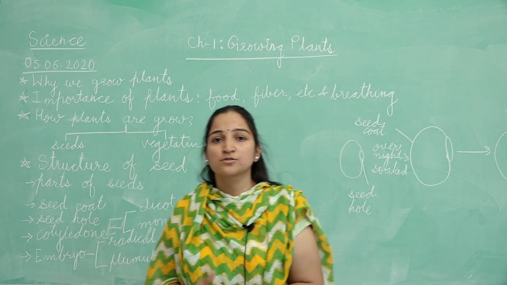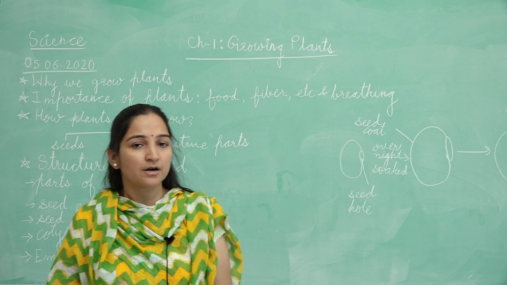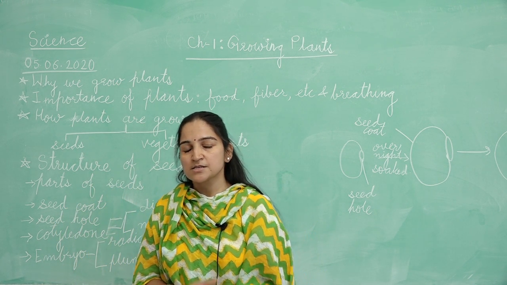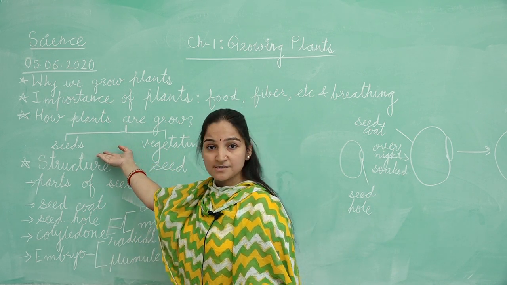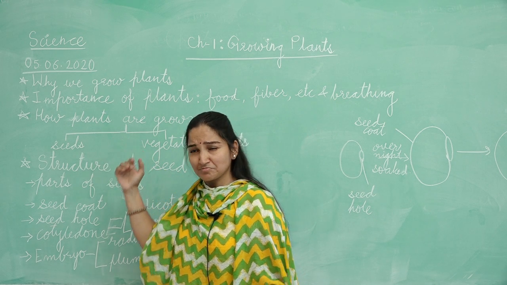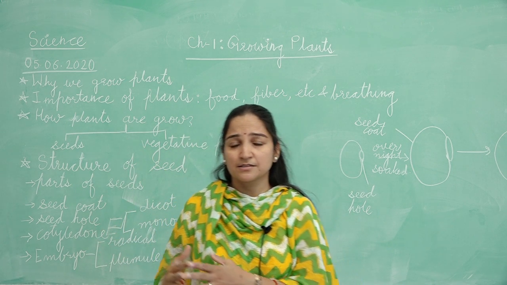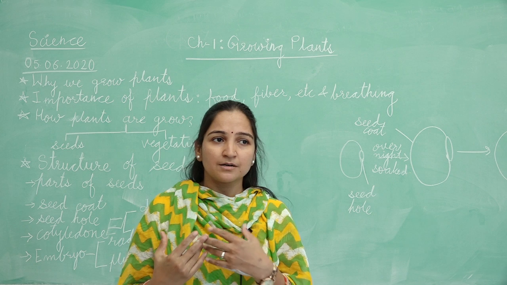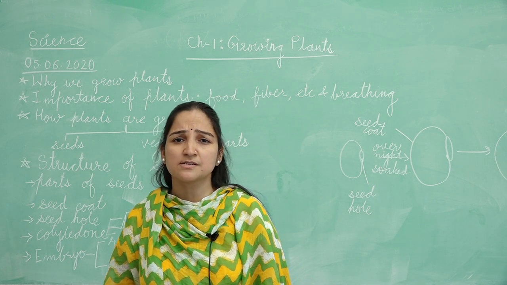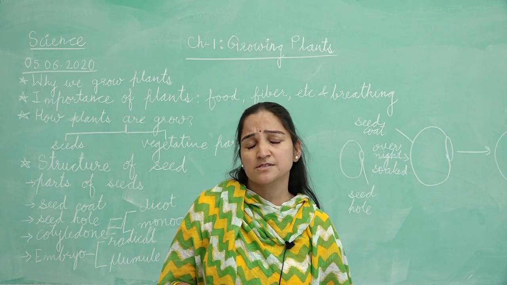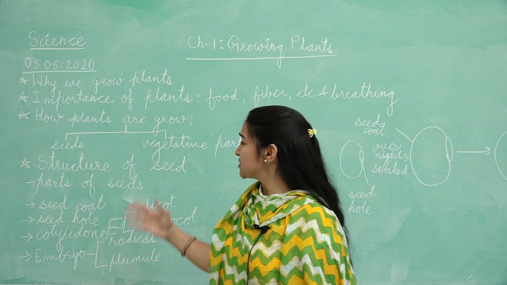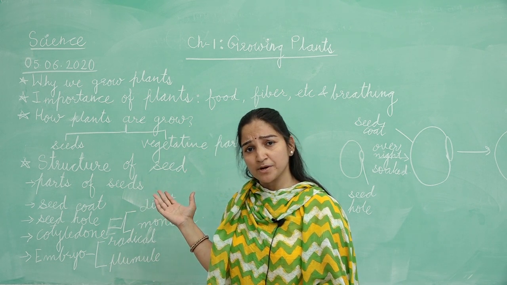Now plants grow in different ways. अलग अलग तरीके से हम plant grow कर सकते हैं. Plants grow from seeds and also from vegetative parts. There are different types of seeds, like gram seeds, pea seeds, peanut seeds, etc. Now what is a vegetative part?